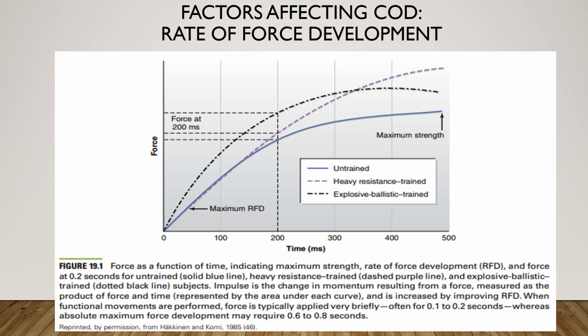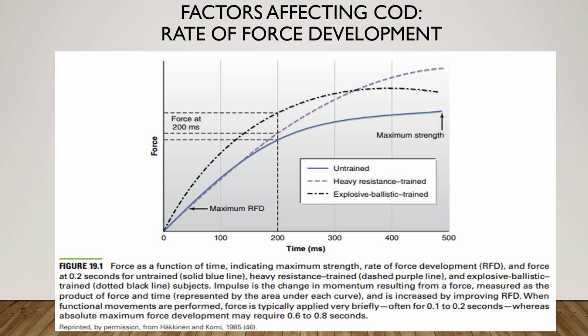And so whilst we've looked at the role of strength, we also need to think about the role of the rate of force development as well. We looked at this model somewhat when we were talking about acceleration and maximal speed. And we know that most sporting actions are occurring with a ground contact time of around or below 200 milliseconds.